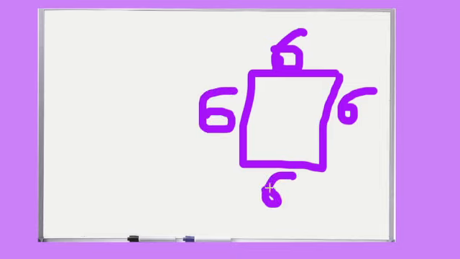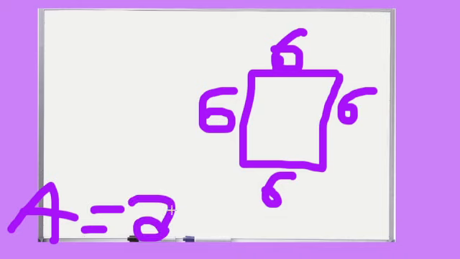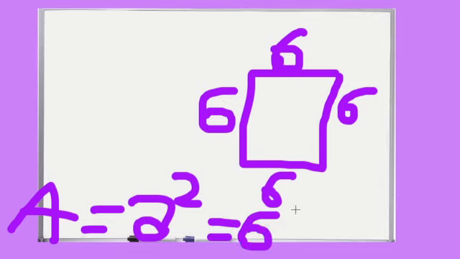I have a mini square here. 6 on each side. So the area is a to the power of 2, which is going to equal 6 to the power of 2.